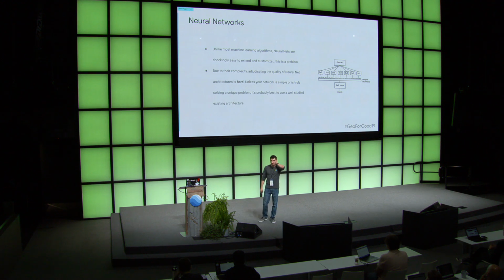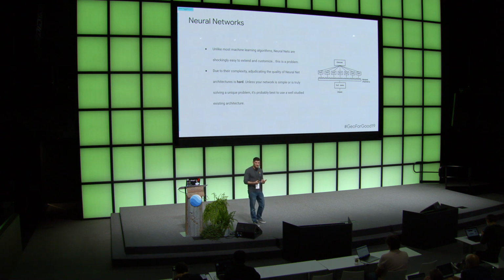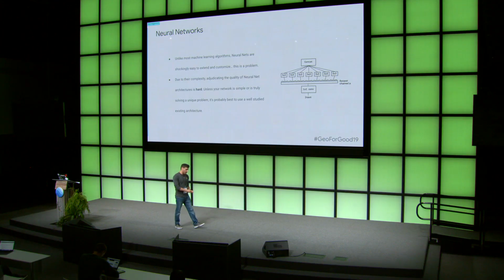In general, my advice is that if you can use an existing architecture, or even a pre-trained model, do so, simply because it feels very easy to just build your own neural network. If your problem is simple, that makes sense, and I wouldn't argue with you. But if your problem is at the level of image understanding, and you think, I've read enough about CNNs, so I'm going to build my own convolutional neural net and train it with all my data, my advice would be to try not to do that.